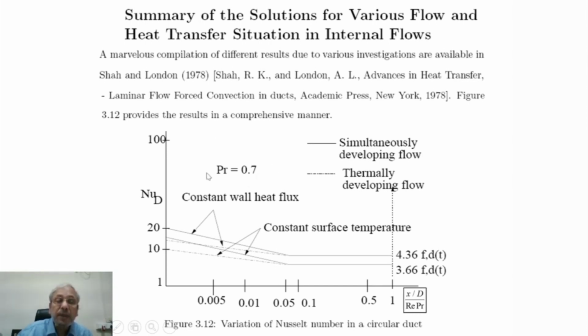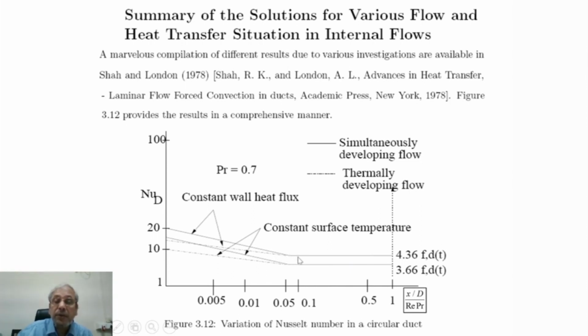That means it is flow of air, and you can see the Nusselt number, this is for simultaneously developing flow, and this is for thermally developing flow. Simultaneously developing flow means the hydrodynamic boundary layer is also developing and the thermal boundary layer is also developing. But this dotted case is where the flow is hydrodynamically fully developed, but thermally it is developing. And in this part, these two situations merge.